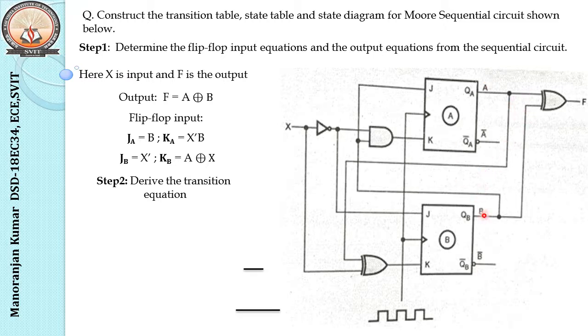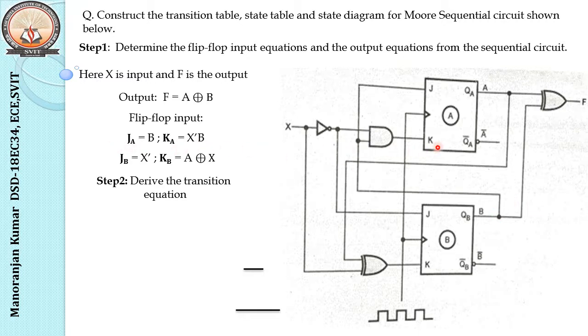Looking at this diagram, F, that is Y, is the output of an XOR gate. The inputs to the XOR gate are A and B, so my F expression will be A XOR B. This A is nothing but QA, and B is nothing but QB. In the same manner, I have to find the flip-flop inputs. For the first flip-flop input, that is J, I will see the connection from where it has come. You can see it is nothing but B or QB. That's why we have written B for KA.